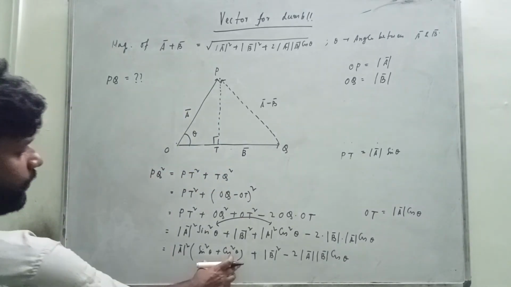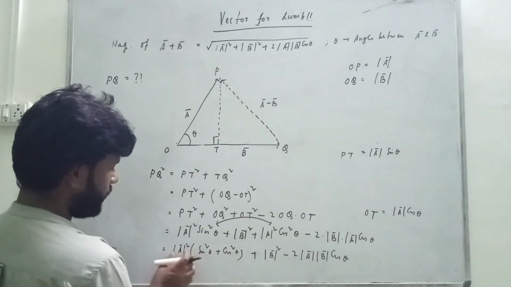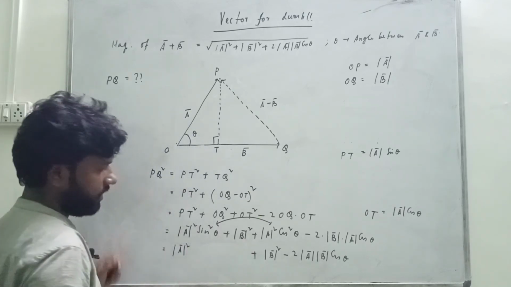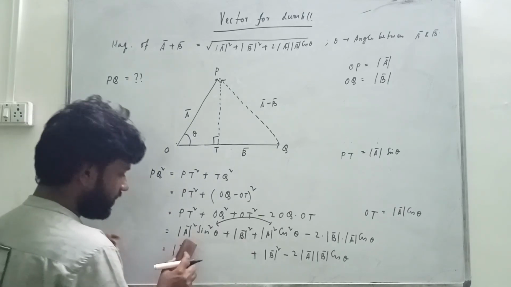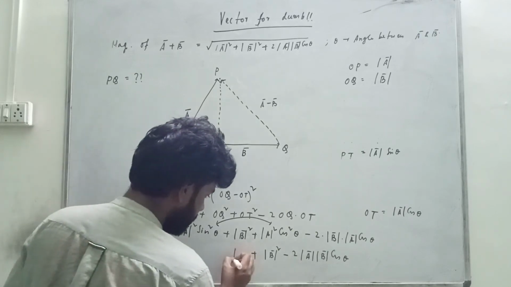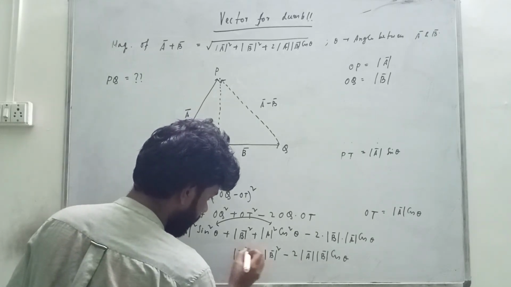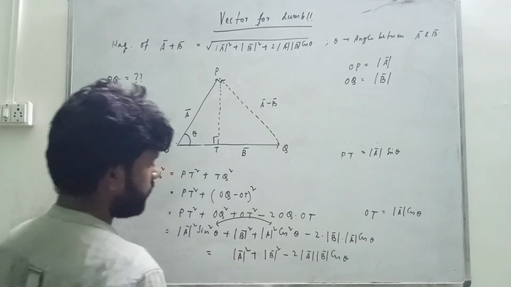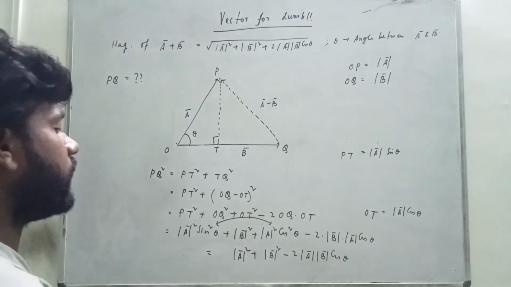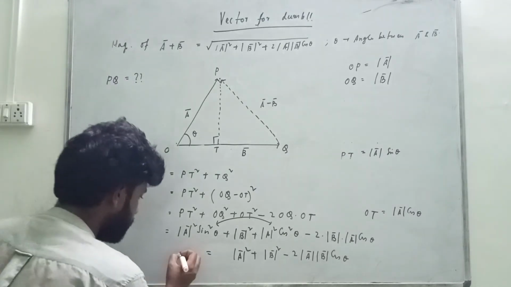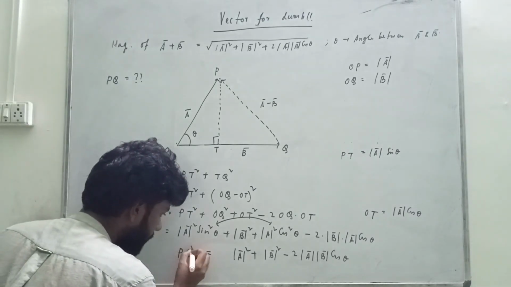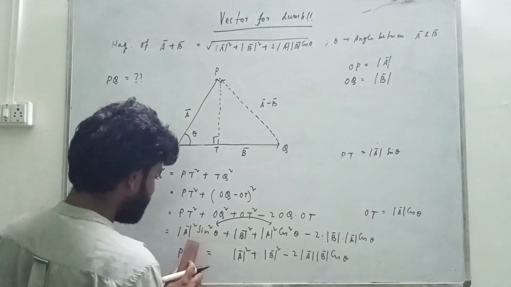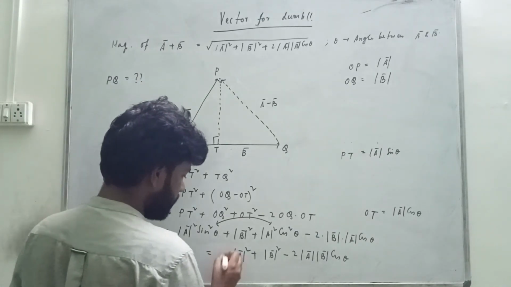And obviously sin square plus cos square is actually 1, and 1 into something is something, the modulus of A squared. So this is modulus of A squared plus modulus of B squared minus 2AB cos theta. It's our PQ squared. So what is the PQ actually? Very simple. It is the square root of this thing, right?